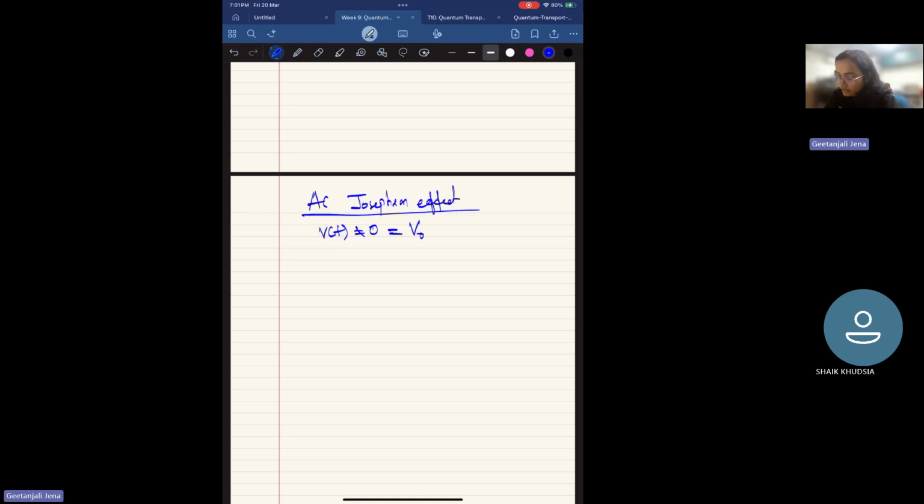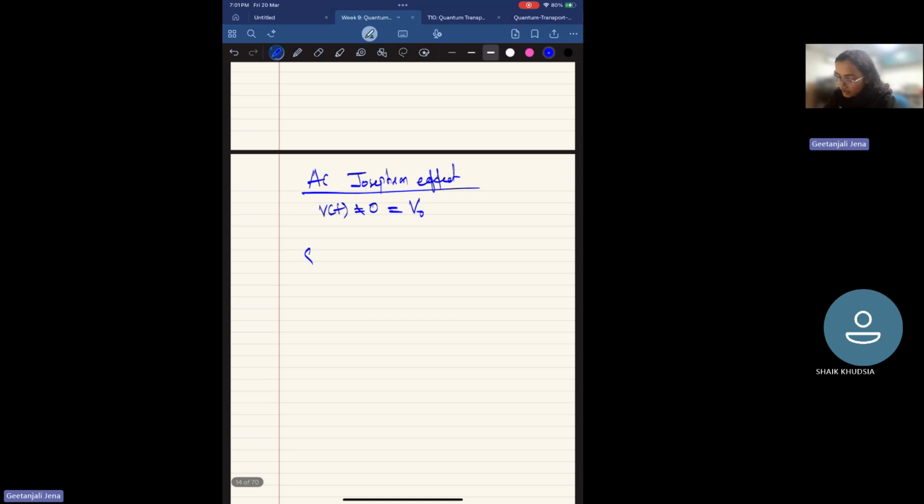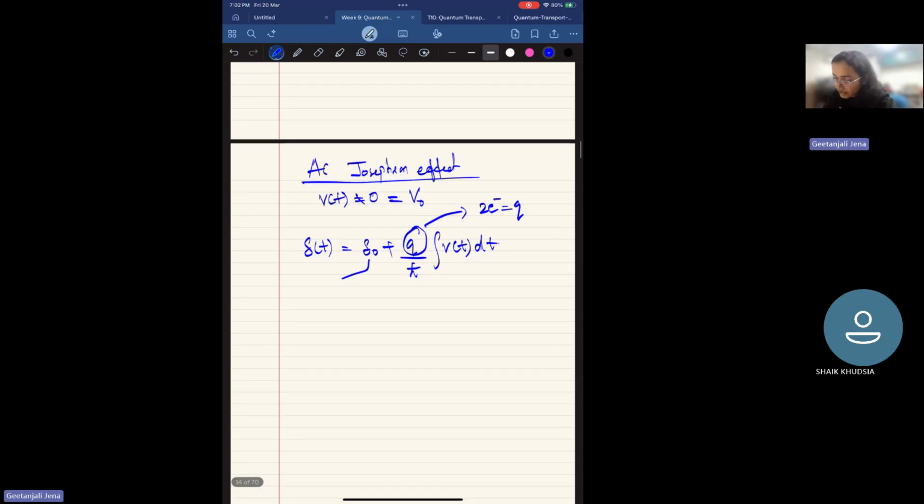For this, if you remember, the phase delta(t) we can write as delta 0 plus Q by h-bar integral of V(t) dt. Remember that Q here is the charge of the Cooper pair, which is 2e, not e. And delta 0 is the initial phase.